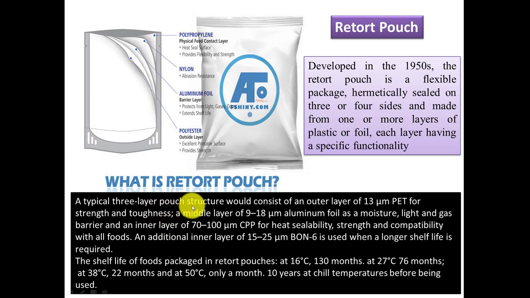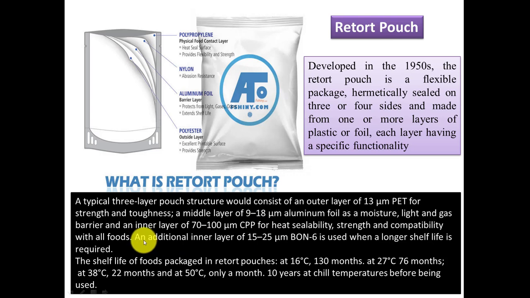A typical 3-layer pouch structure would consist of an outer layer of 13 micrometers of PET for strength and toughness, a middle layer of 9 to 18 micrometer aluminium foil as a moisture, light and gas barrier, and an inner layer of 70 to 100 micrometer CPP for heat resistance, sealability, strength and compatibility. What is CPP? I'm sorry for this one, please check.